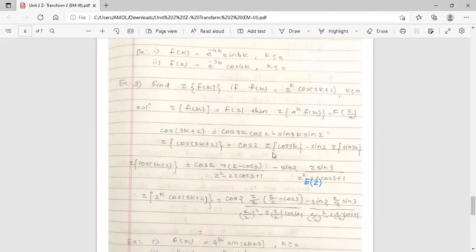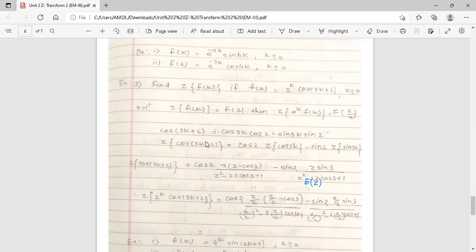So apply the transform to cos of 3k plus 2. Now cos 2 and sin 2 are constant terms, so you substitute them as they are.